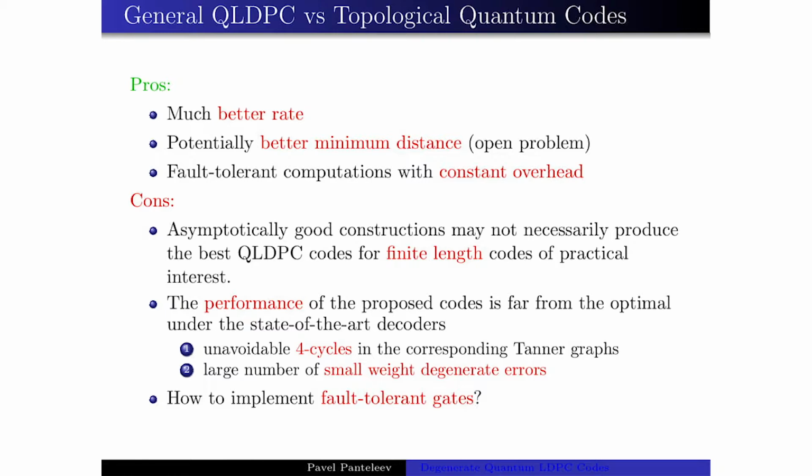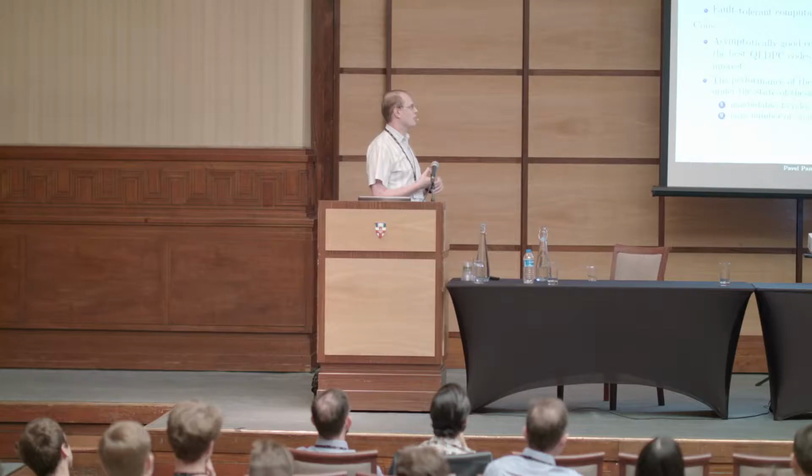A bigger problem is that, since they are weight-limited codes, they have low-weight degenerate errors, and this is mostly the main problem that causes the BP decoder, the belief propagation decoder, to not converge to any code word.